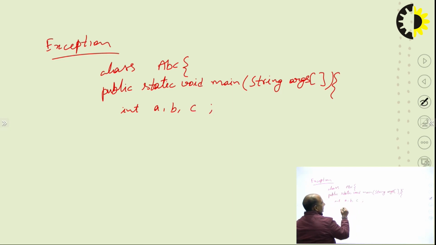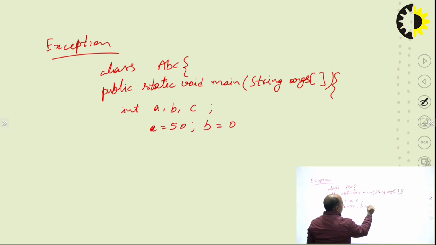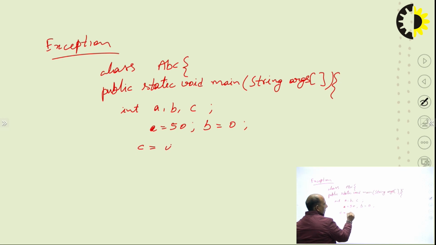Let a equal 50, b equal 0, and I am performing c equals a by b. And after that there is also a message printf hello.